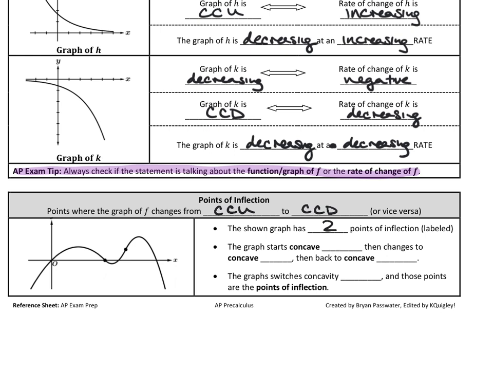The graph starts concave what? How does this graph start? Concave down. So we have a concave down section of this graph because it is headed downwards. Then it changes to what? At the point of inflection, that's when I shift to having a concave up part of my graph. And then exactly where that point is, we can pretty much visually see here, it's going to switch back to being concave down.